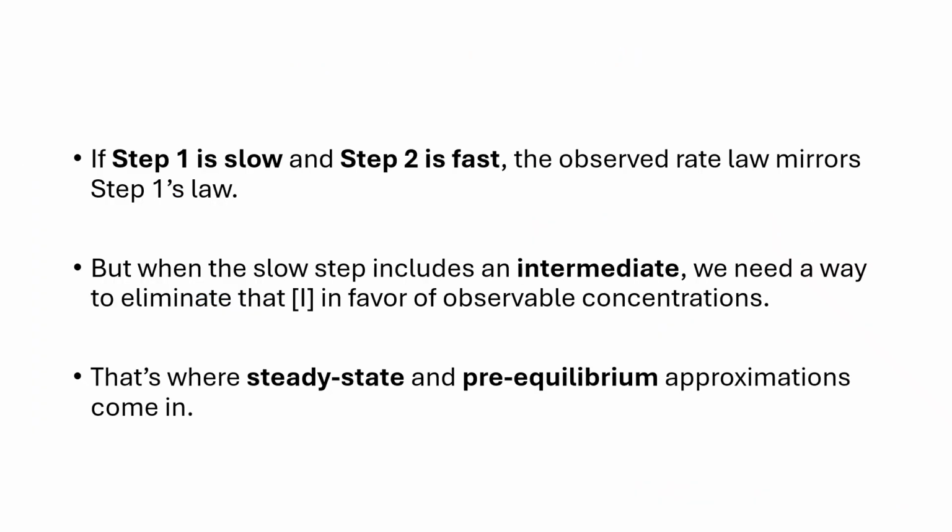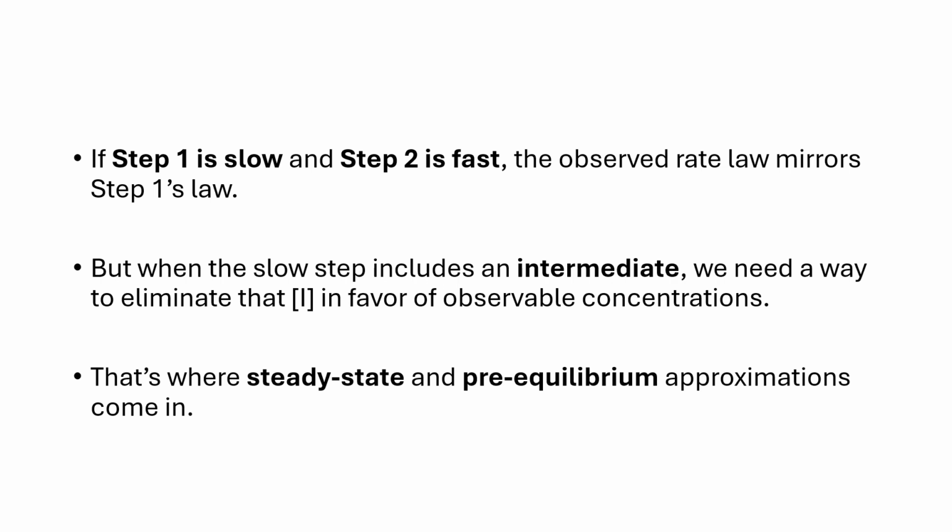So just now we have seen that step 1 is slow and step 2 is fast. Therefore, the observed rate law for the whole reaction mirrors step 1's rate law, which means the elementary step 1 determines the rate law for the whole reaction.